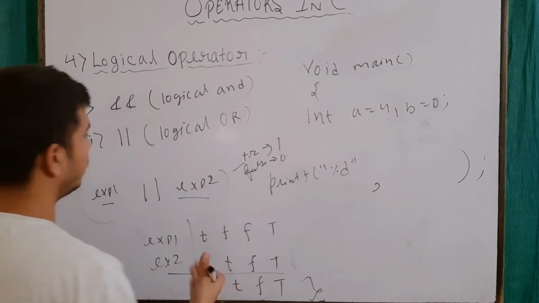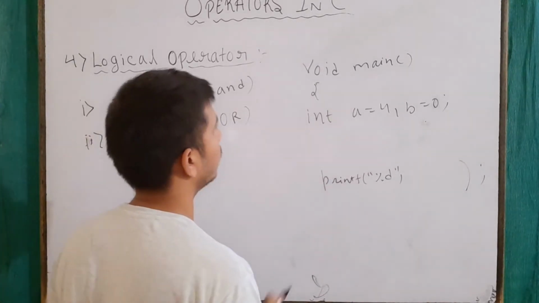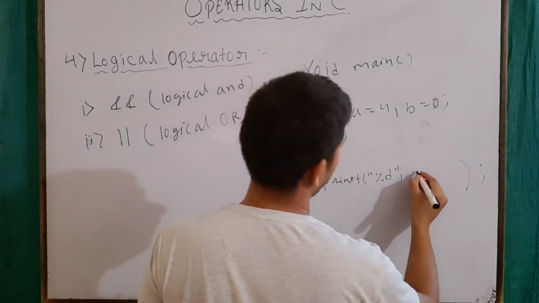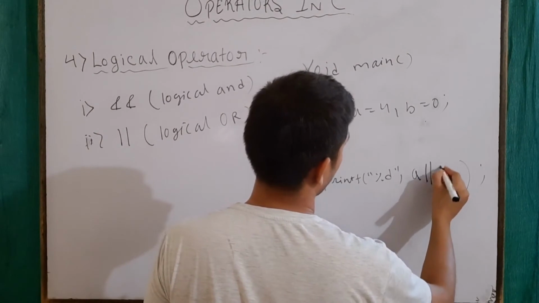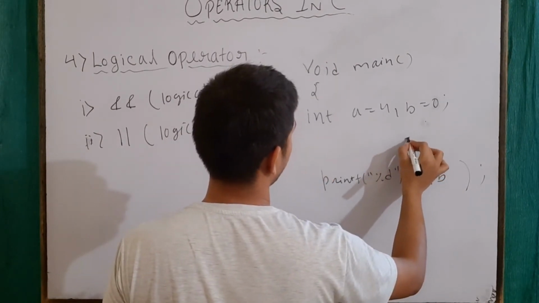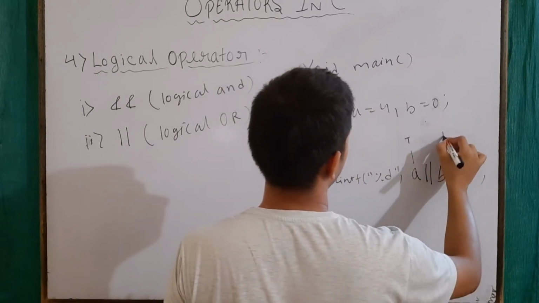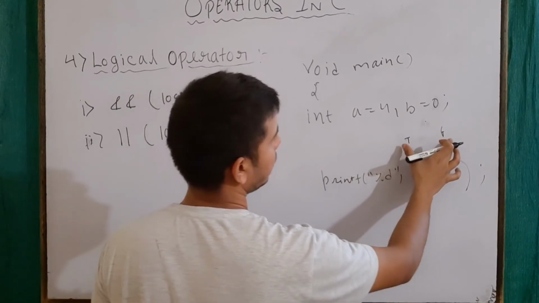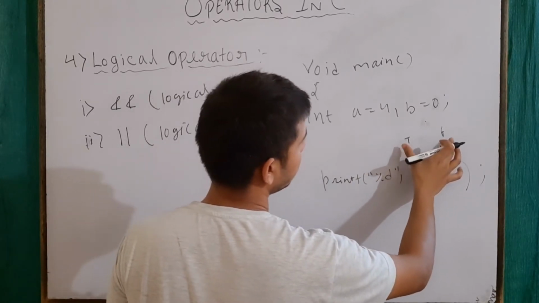Let's understand it through an example. So let's look here. Here A is 4, B is 0, right? And if I write A OR B, now A is non-zero, so it means it is true, and B is 0 means it is false, right? Now true and false, as per our truth table, is considered true.